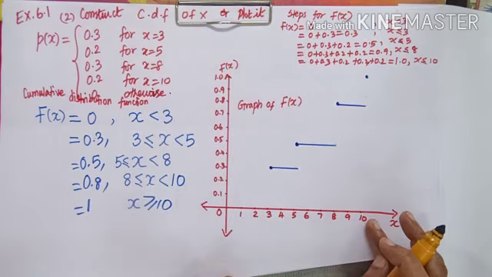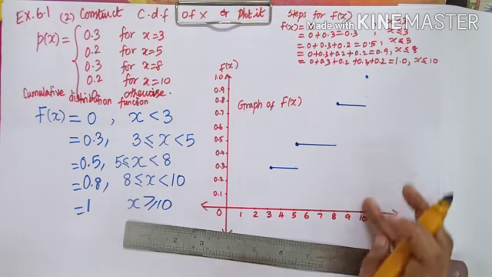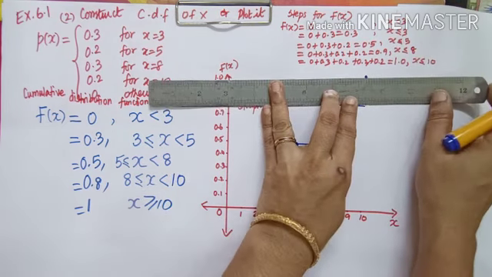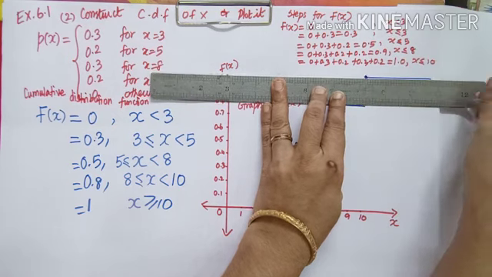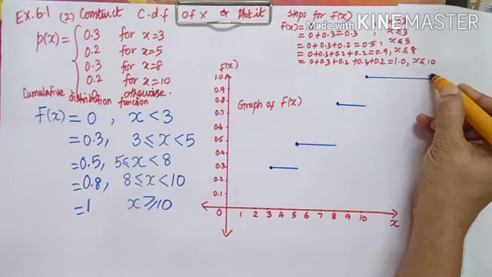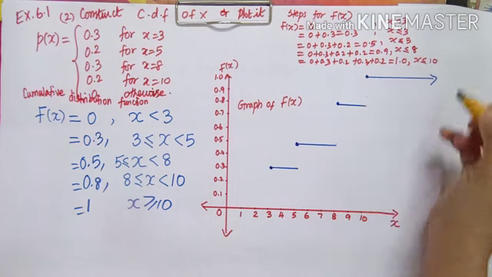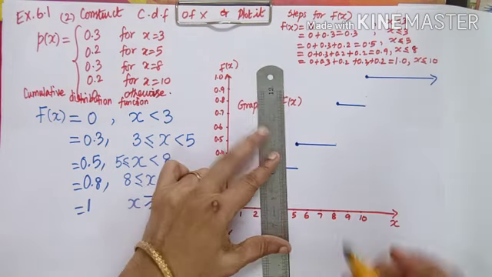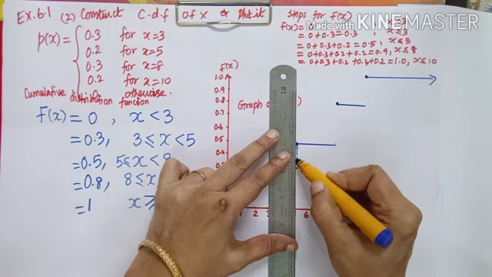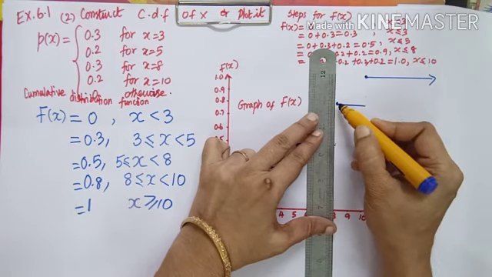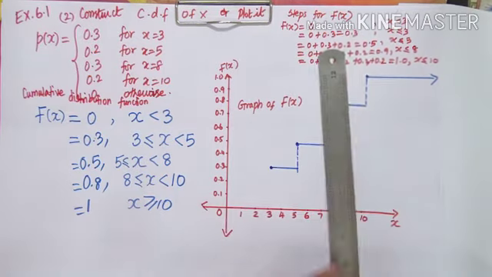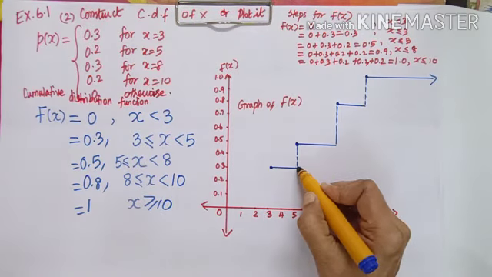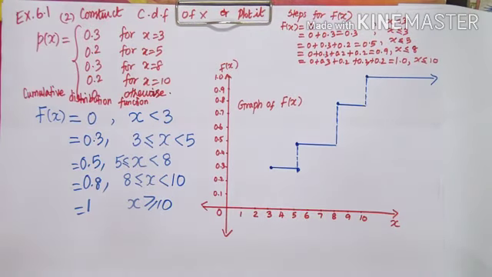The moment we cross 10, my answer is 1. So at 10 and above, my answer is 1. So it goes on and on. Once I cross the highest value, my answer is 1. Now this looks like a step. So we call CDF a step function.